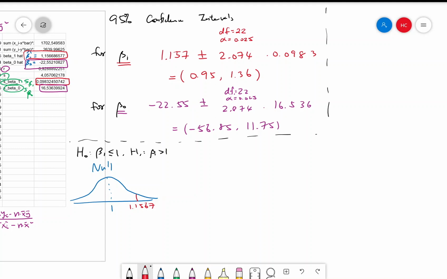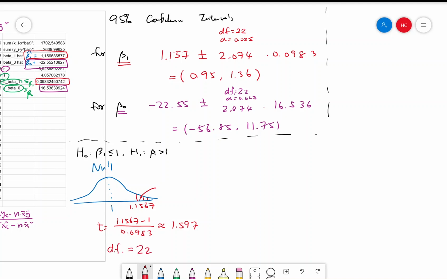To calculate the p-value, first we calculate the t-statistic. So t is equal to 1.1567 minus 1 over the standard deviation, 0.0983. This is about 1.597. So the p-value is for t equal to 1.597, and the degree of freedom is still 22.